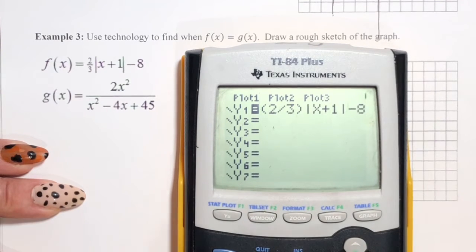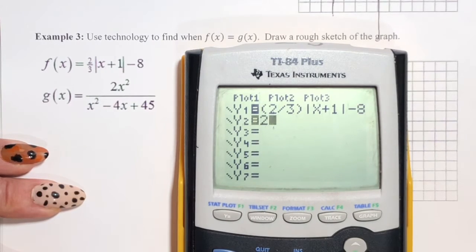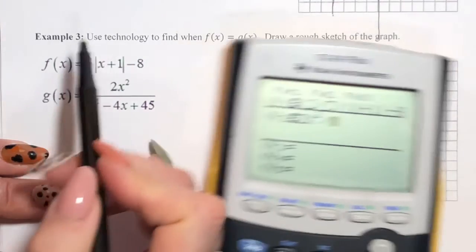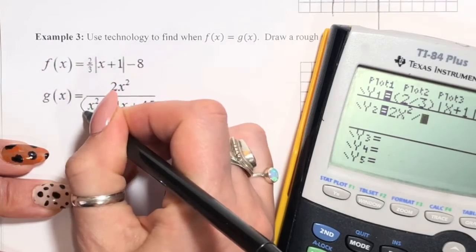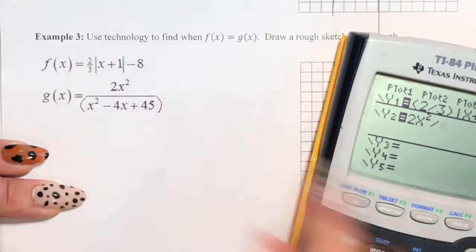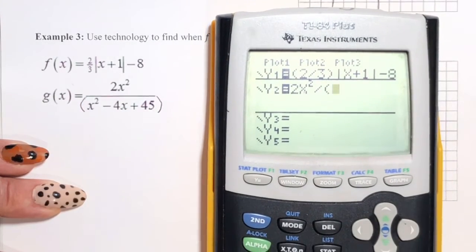So just make sure that that -8 is after that absolute value line and not inside with the +1, or you'll get messed up. Okay, and then for our g of x, we have a rational, so we can either type it as 2x squared and then divided by, but remember, your calculator is kind of picky on how you type things in. In order to say that this entire polynomial is in the denominator, we do need parentheses around it.